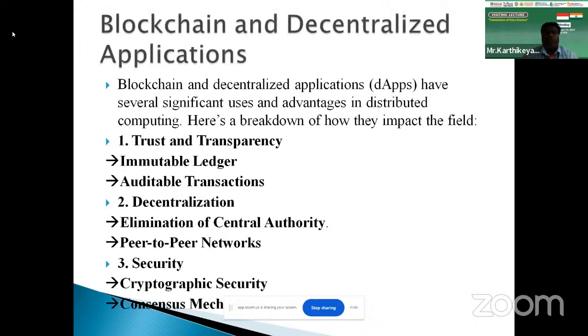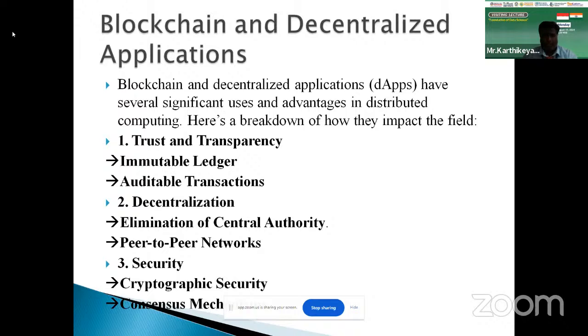And the next one, blockchain and decentralized applications in distributed computing. Blockchain and decentralized applications have several significant uses. Several impact fields follow.